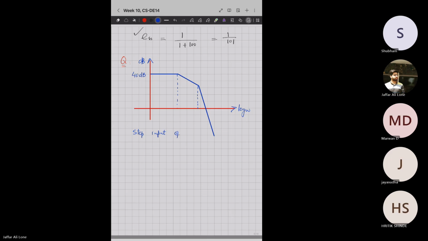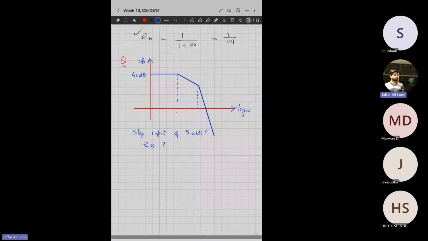of 5u(t). So tell me, find the steady state error when a step input of 5 is applied to this transfer function whose Bode magnitude plot is shown in the figure.